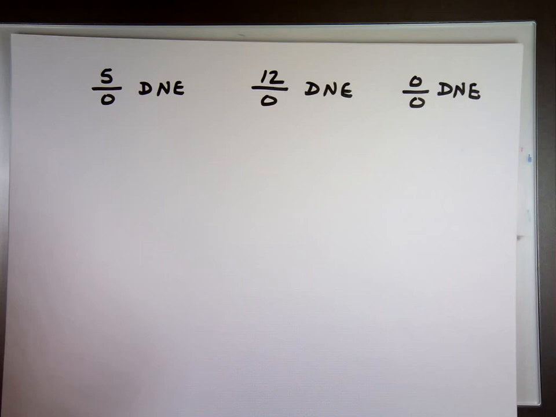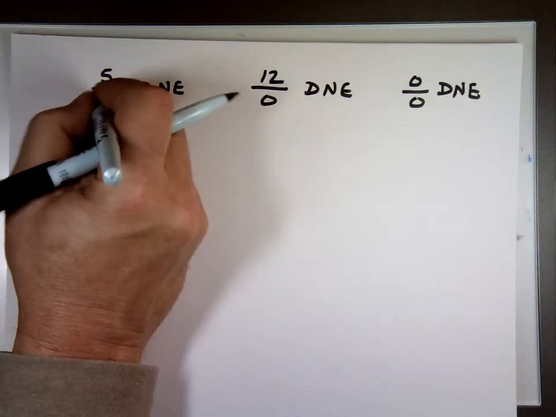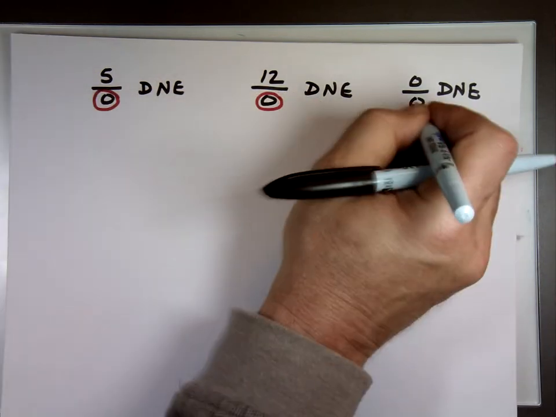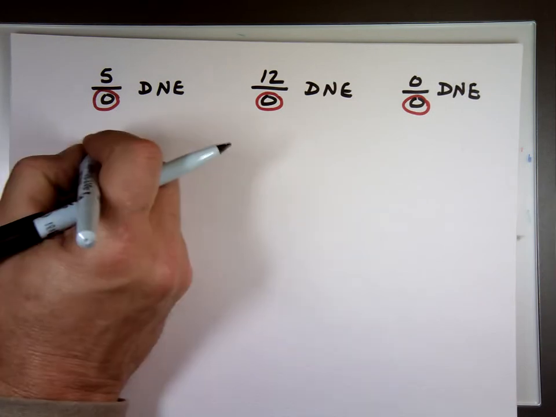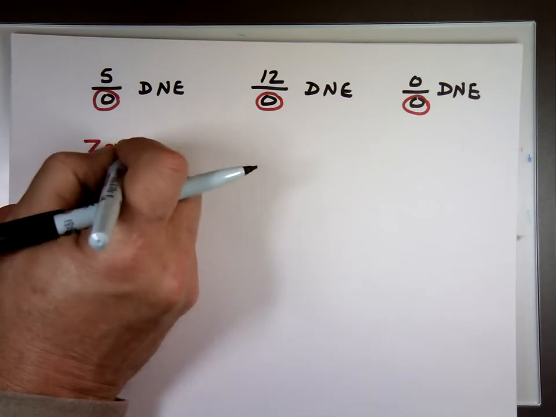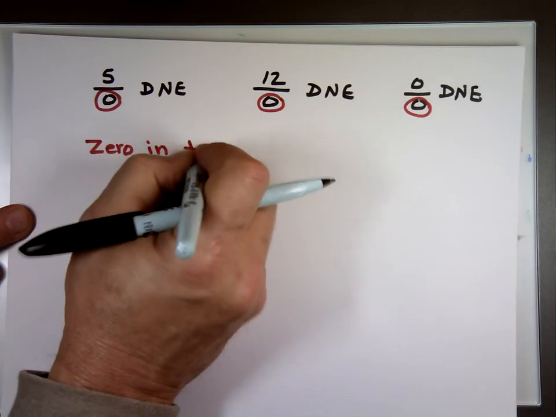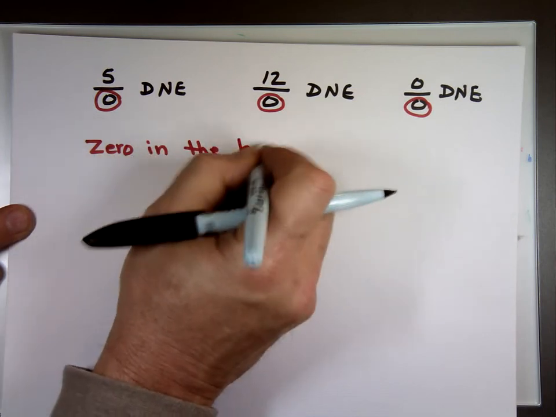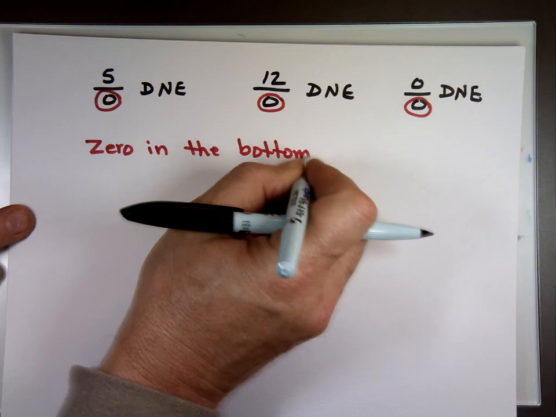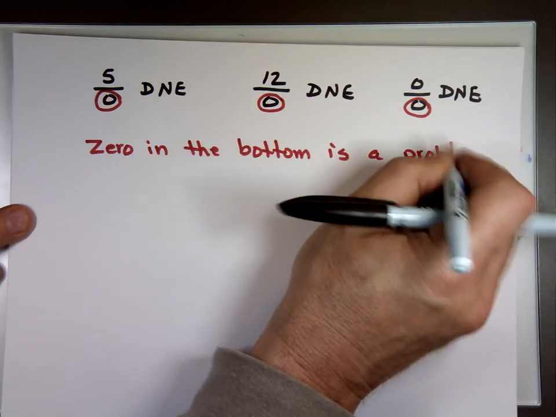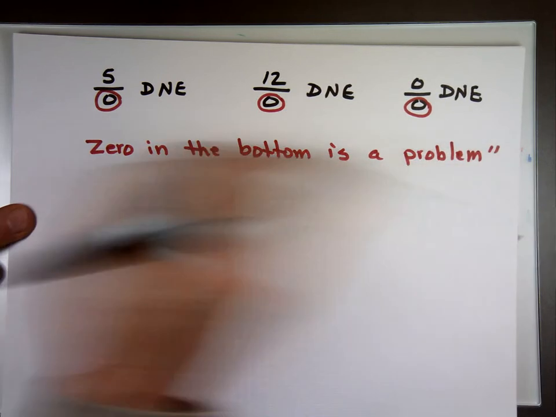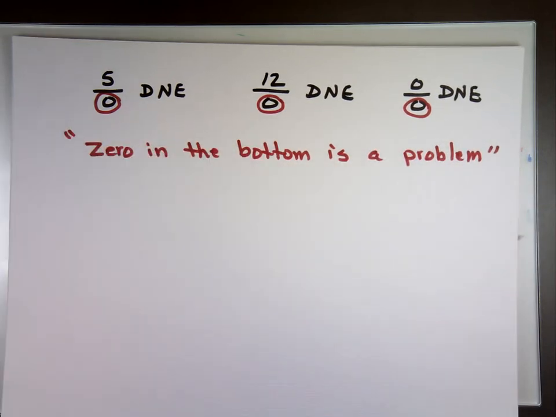So a lot of times I will say 0 on the bottom is a problem. That's why I say can't be done. So you'll hear me say that 0 in the bottom is a problem. Zero on the bottom is a problem.